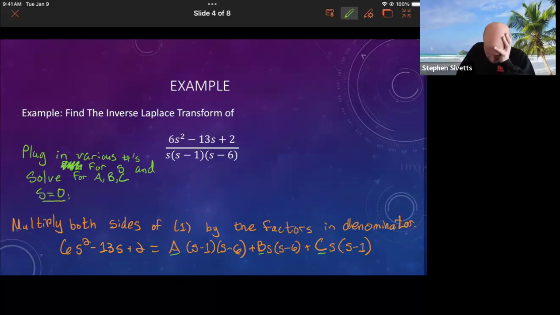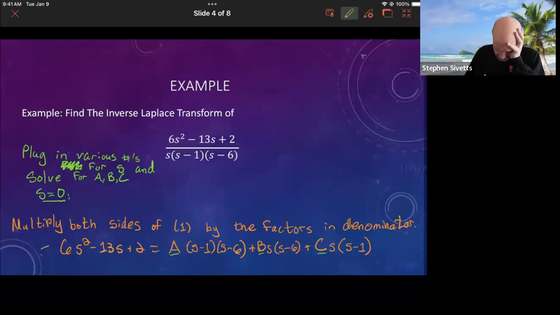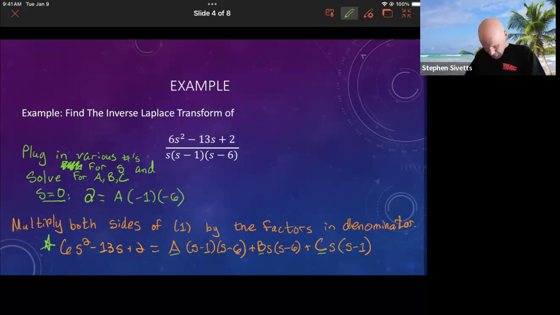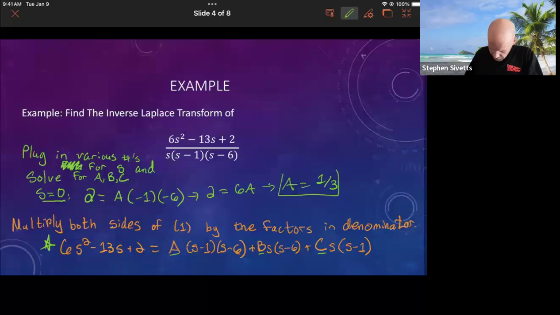So if s is 0, the left-hand side of this equation, we will be left with 2. So 2 is equal to, the B and the C terms will cancel, and you'll have A times -1 times -6. Okay, and so we'll have that 2 is equal to 6A, and that concludes that A is equal to 1/3. All right, A is equal to 1/3.